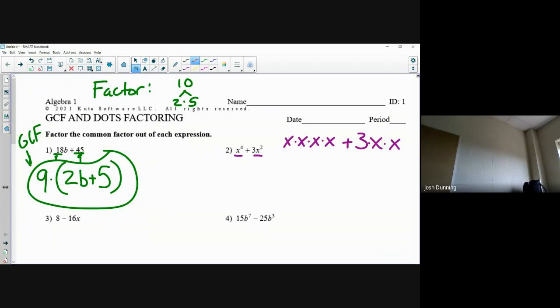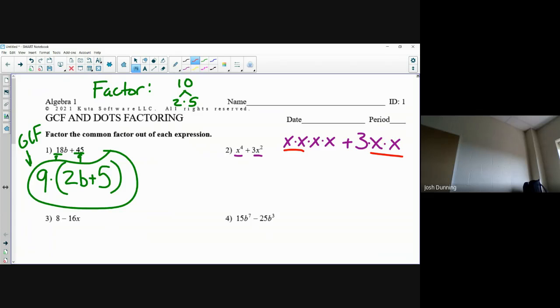The second one only has 2 factors of x. If I can only have the number common to all of them, the greatest number of factors of x common to both terms is only 2. The second term, the 3x squared, only has 2 factors of x. So that's the greatest number common to all of them. The first one has 4, but the second one doesn't.